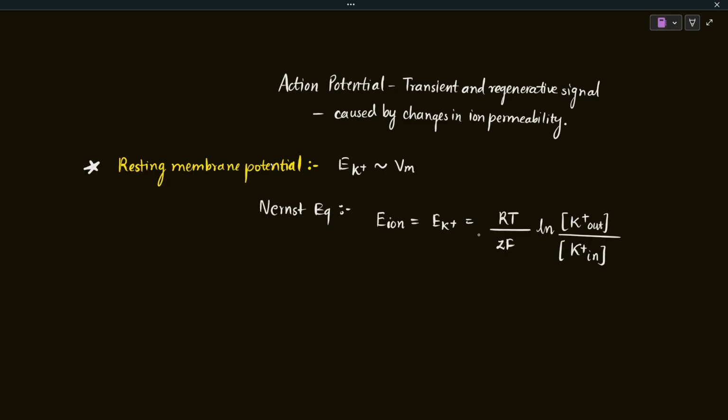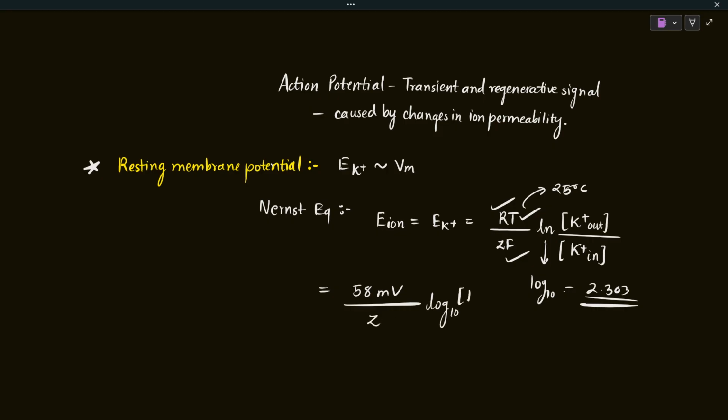When we put in the values of the constants R, F, and temperature, here at room temperature, 25 degrees Celsius, and the factor 2.303 for converting ln to log, it comes out to be 58 millivolt divided by z, times log of potassium outside over potassium inside. This is the summary that we learned in the last class.